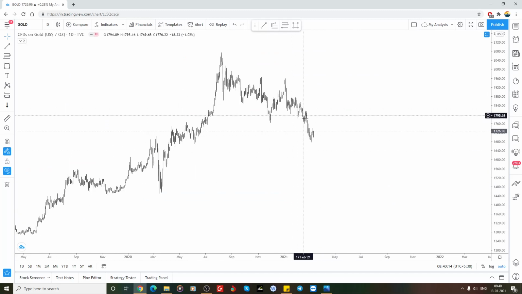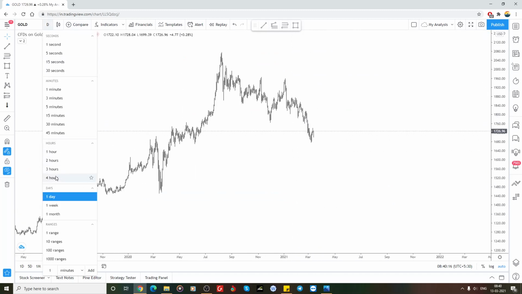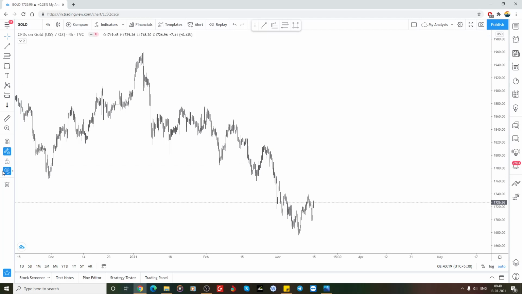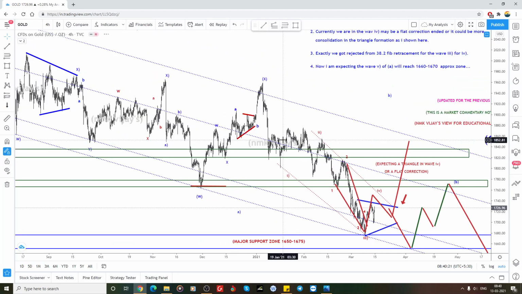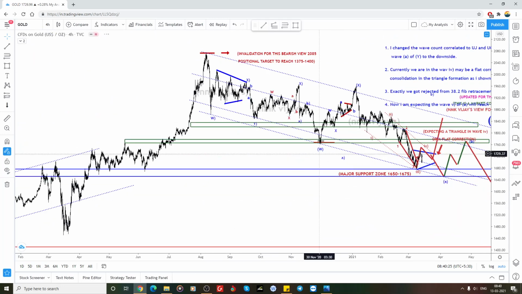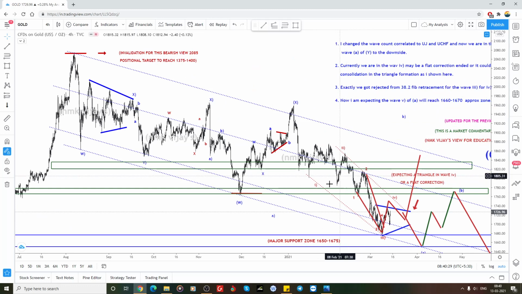Any other view if I get, I will immediately inform in my pages, right? So I took this as a WX. So we are in the Y wave.